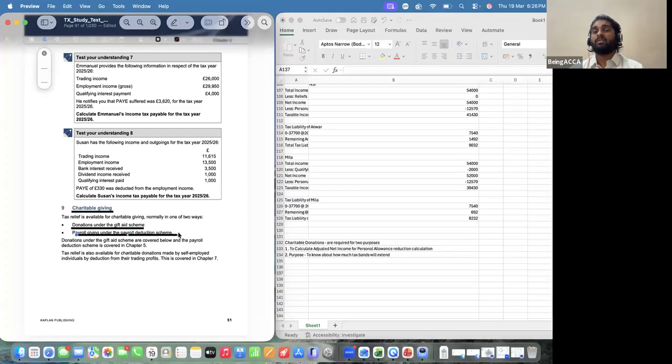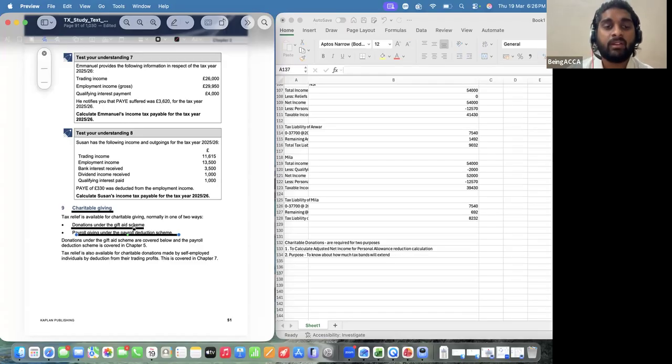One is under the gift aid scheme, where you individually want to donate to someone, and the other is payroll giving, wherein in your payroll you tell your employer, okay, I want to donate to this organization, so automatically deduct it from the salary that I receive. These are the two types of donations.